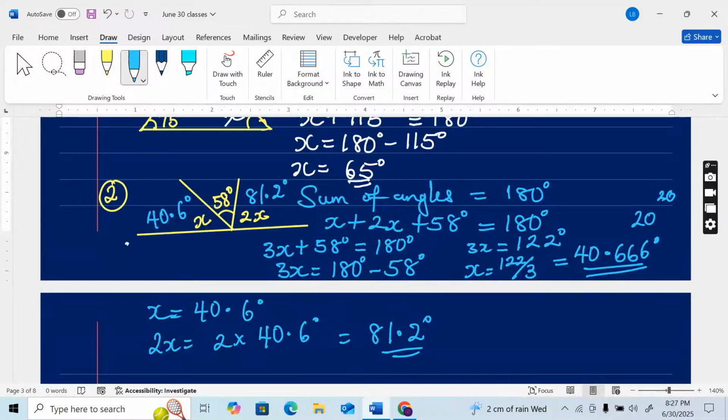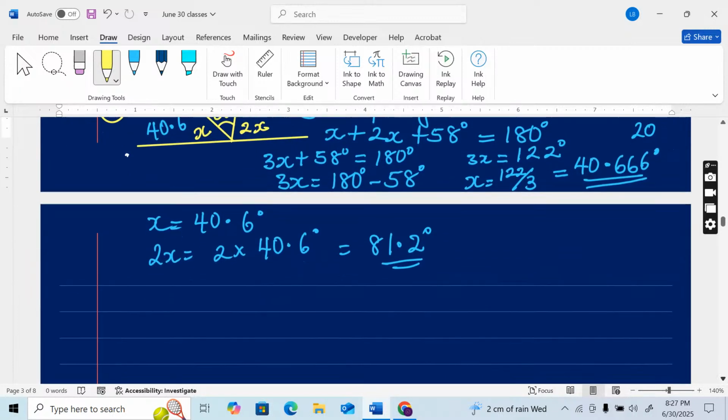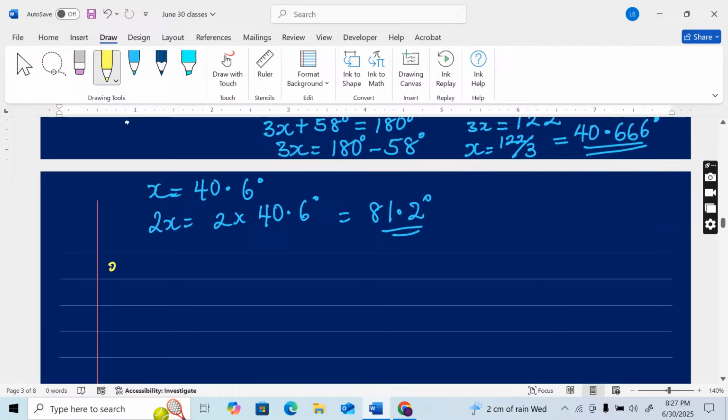All right, so moving on to another example, that would be example 3. We are still finding the missing angles. Okay, so right here we have 112 degrees.